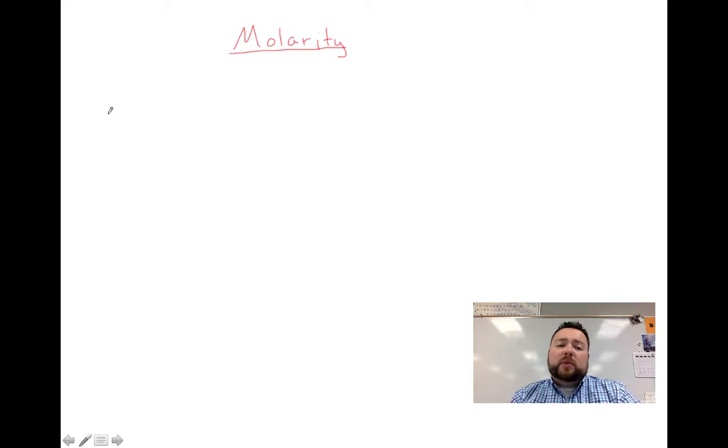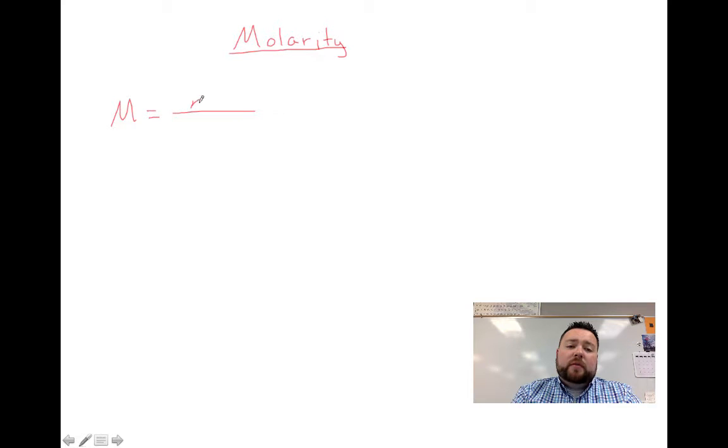One of those is much more concentrated than the other. So molarity gives us a way of determining the concentration of those two different solutions. Even though they're both saltwater solutions, one has very different qualities than the other because of the amount of solute that is dissolved into that solvent. So molarity, which is symbolized by the capital letter M, is really just a very simple equation.